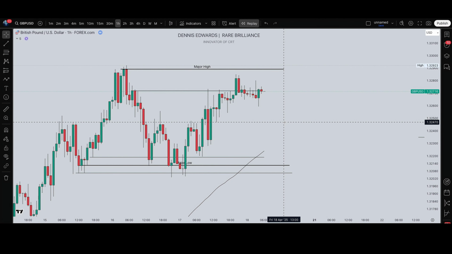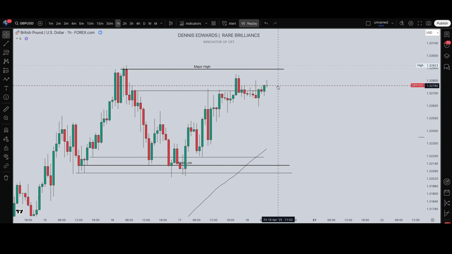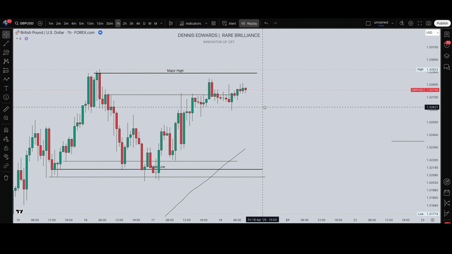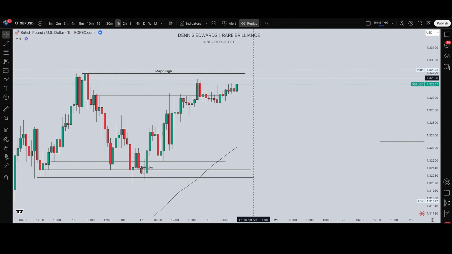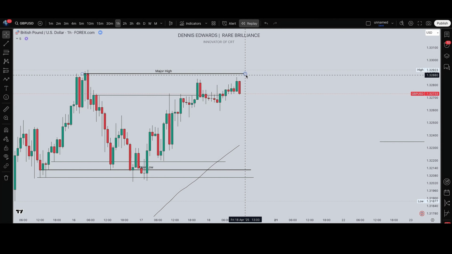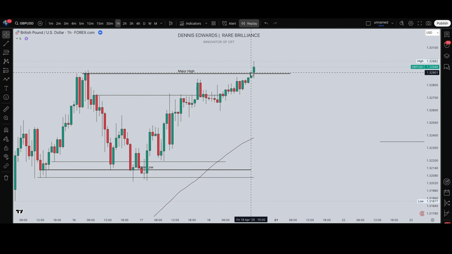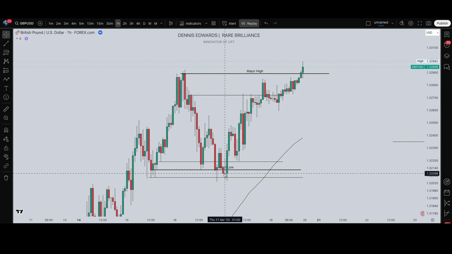Watch how it collects the liquidity every time and then get ready to go farther into an expansion. It's getting closer. And there you go. A perfect tap and break of our major high that was from this point, and it was anticipated all the way while the market was still here.